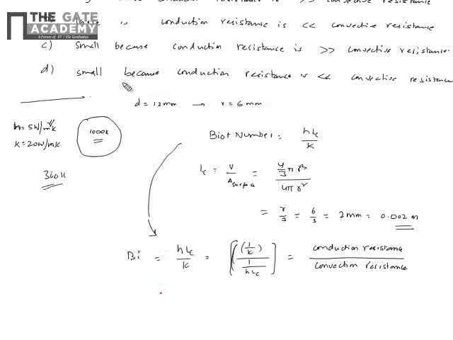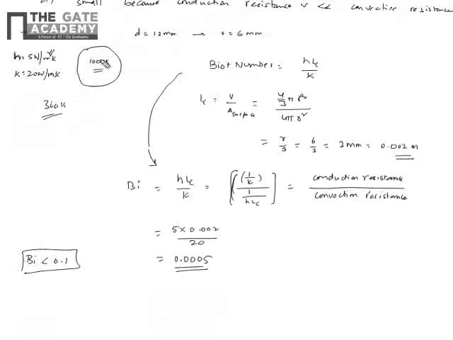Okay, so let's first calculate the Biot number because the values are given. h value is 5, Lc we already got as 0.002, divided by 20. So this is 1 by 4 times 0.001, which is 0.00025, very small. In fact, when we study, we say that if the Biot number is less than 0.1, we consider that a case of lumped analysis. So here it is very small.